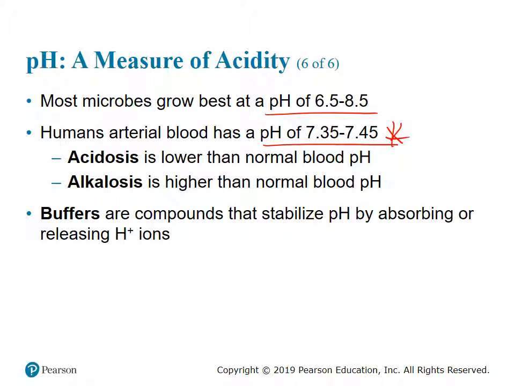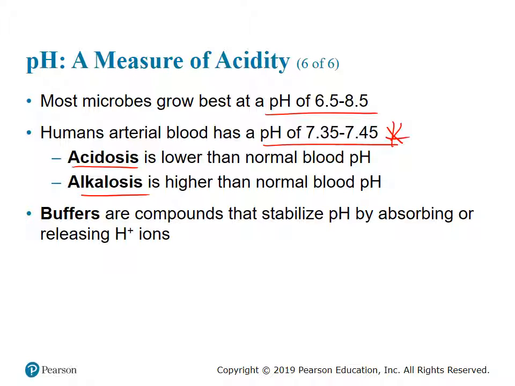So let's talk about what acidosis versus alkalosis means. These are also medical terms, by the way, but it's also chemistry as well. When you have acidosis, that means the blood is actually lower than your normal range. That's 7.35, 7.45. So you can have acidic blood, and that's acidosis. Alkalosis is that number past 7.45, where the blood can actually be basic.